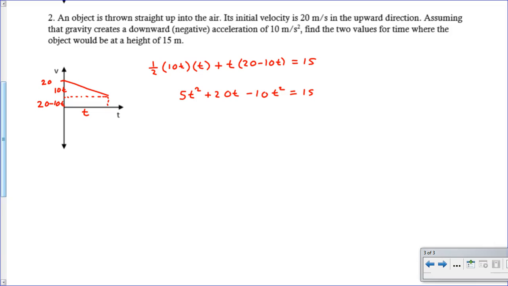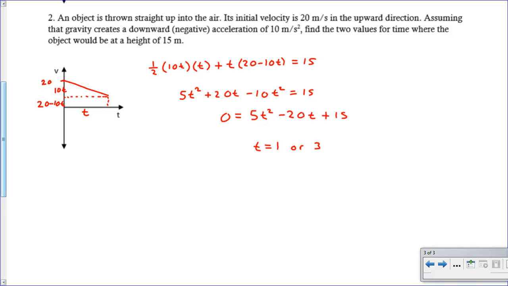Combine like terms, bring everything to one side. We get 0 equals 5t squared minus 20t plus 15. And then if you do the quadratic formula, or actually you can just factor this one if you wanted, you should get that t equals 1 or t equals 3.